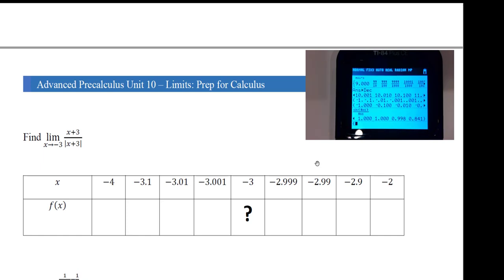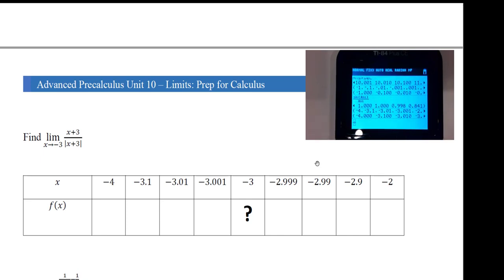Okay, list -4, -3.1, -3.01, -3.001, and then on the other side we'll go -2.999, -2.99, -2.9, and -2.